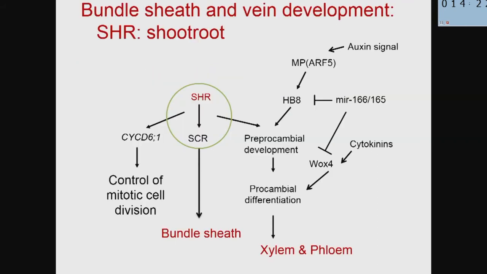Here we do know a little bit about what controls Kranz anatomy development. There is a transcription factor called SHORT-ROOT, SHR. This is something we know.